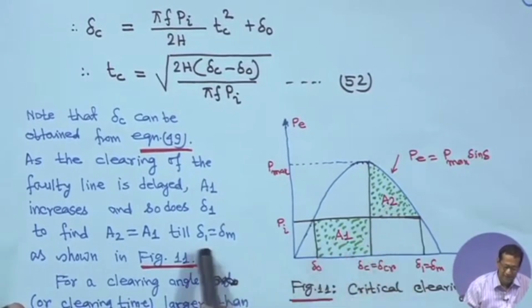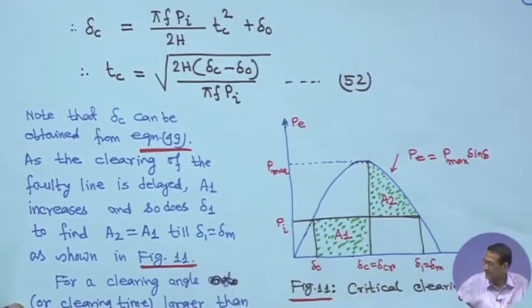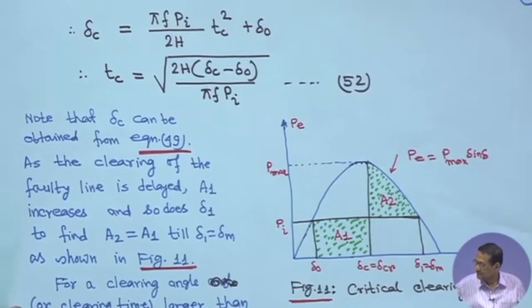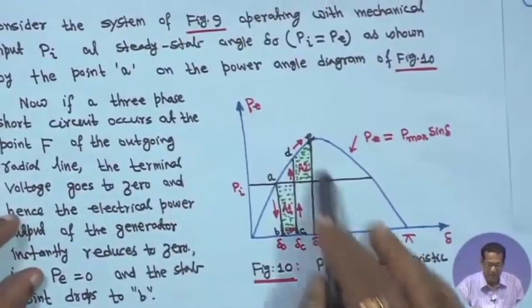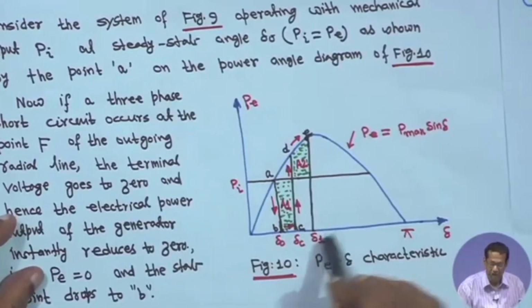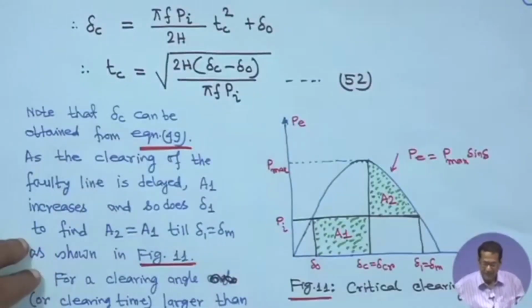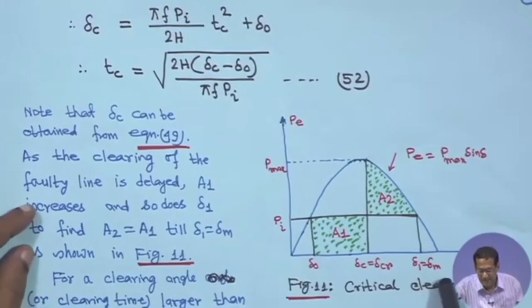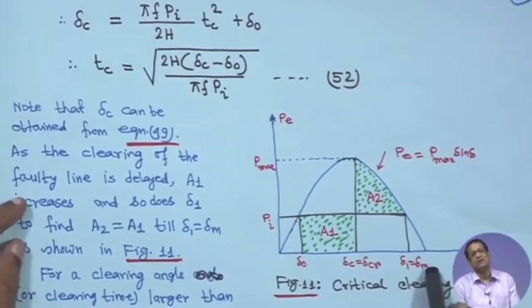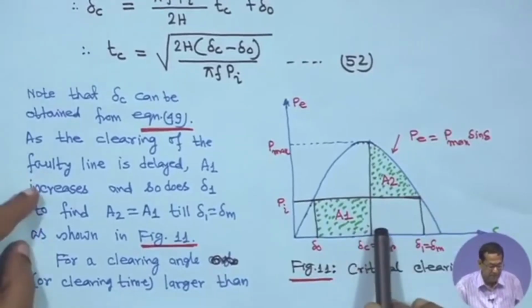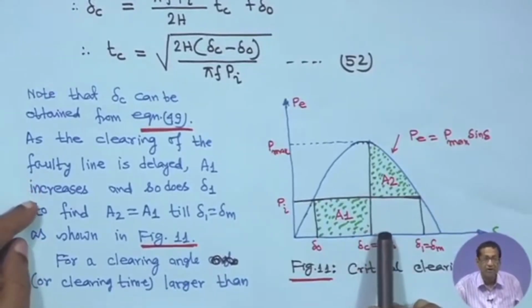In that case delta 1 will become delta m, the maximum, that is delta max, if the clearing of the faulty line is delayed.